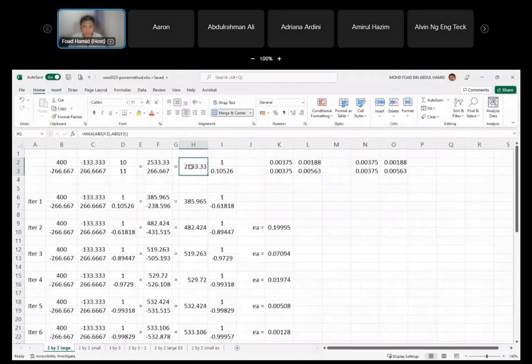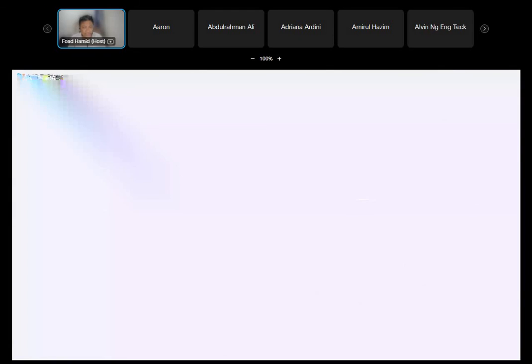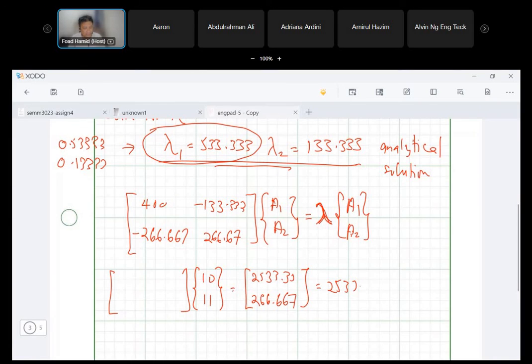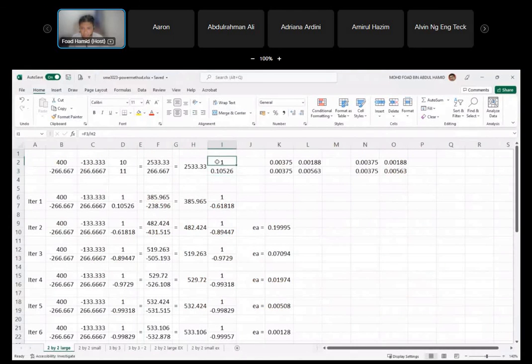Note that I'm only taking out the positive sign, because eigenvalues must always be positive. Now this becomes my new guess, which is this one here.